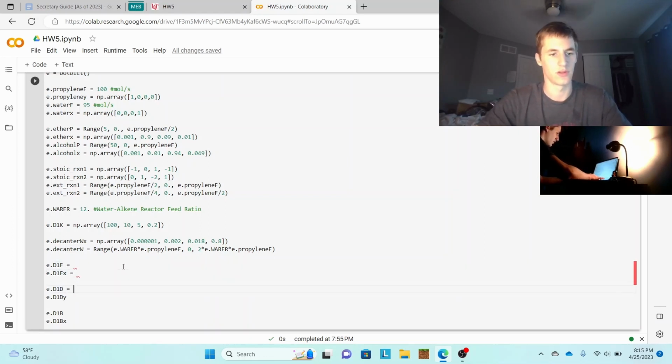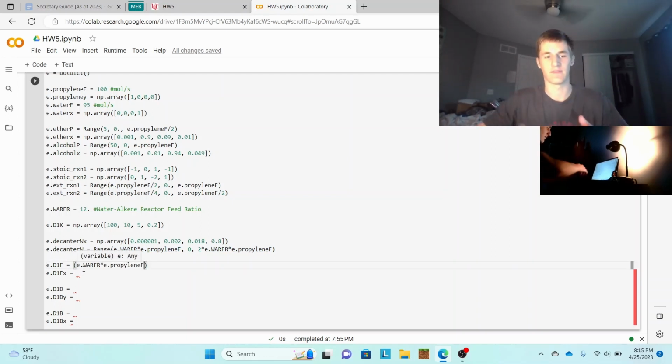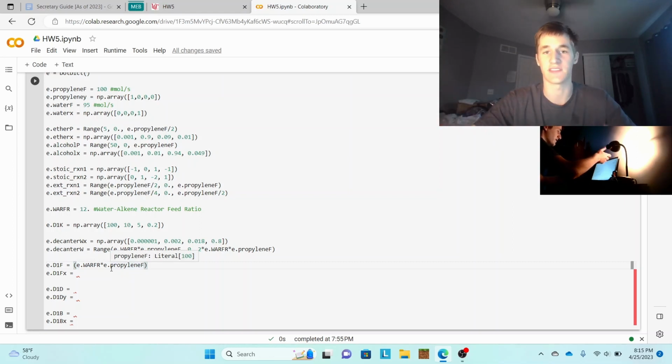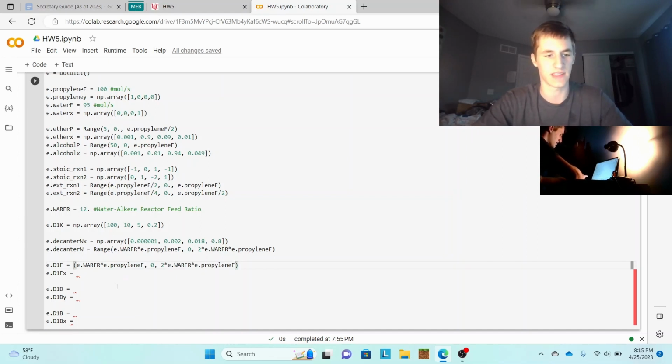So going to look at flow first. So our flow going in, I want to use this as my initial guess, right? We're saying our initial guess is just going to be all the water going in, right? So then we have 0, or is going to be all the water that went into the reactor. We have 0 as our lower bound, and then our upper bound we will again say is 2 times this constraint.